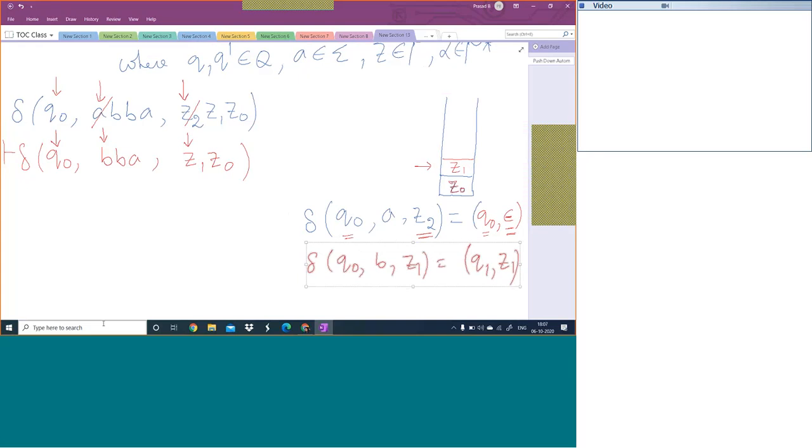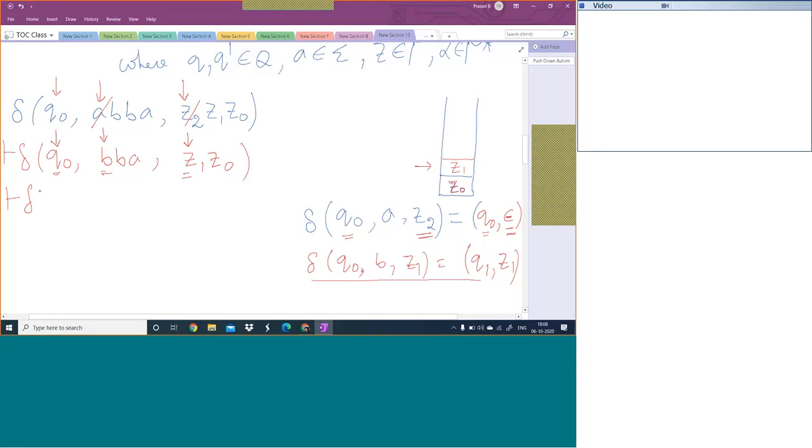Okay, here Q0 B Z1, this present situation is matched with this move. There may be hundreds of moves and every time the PDA will check the present condition with the corresponding move. So this present situation matched with this move.